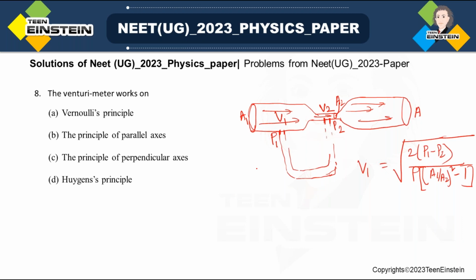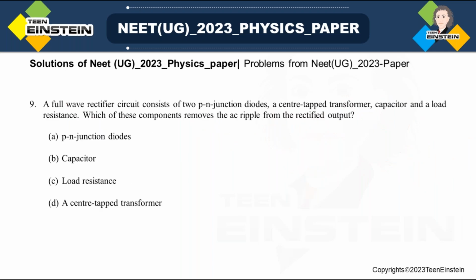So this is how this works on Bernoulli's principle. I think this is not V, this is Bernoulli's B, Bernoulli's theorem, Bernoulli's principle. All right, so we'll go to the next problem.